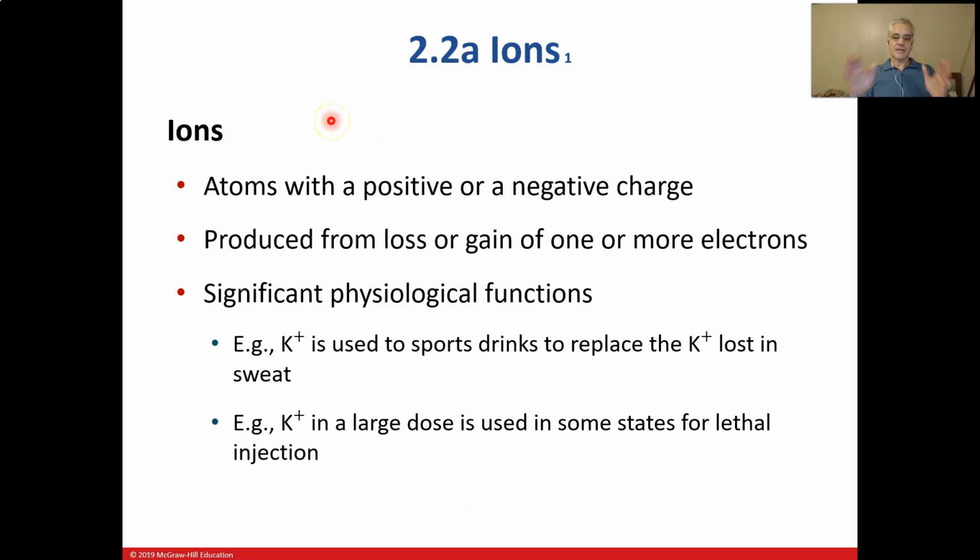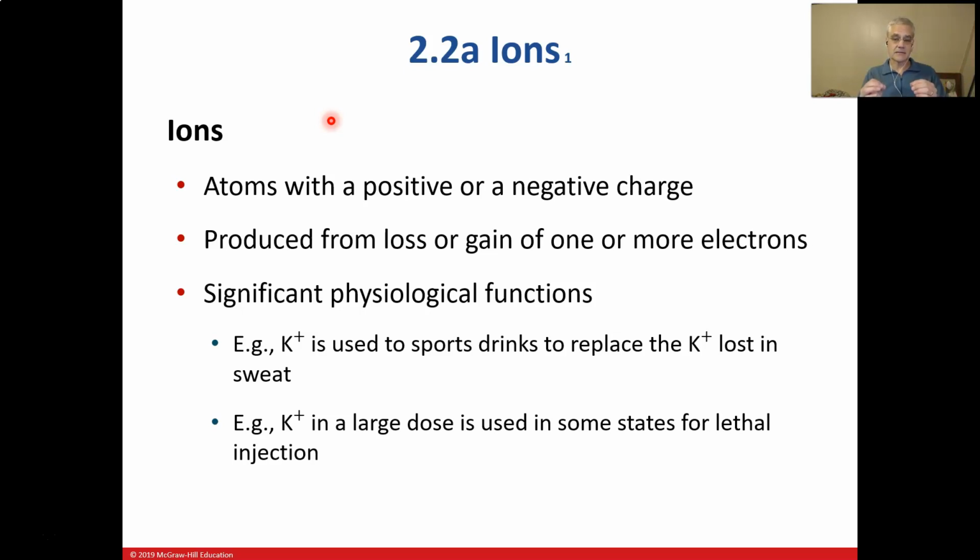All right, now, I've told you already, an atom, by definition, has a certain number of protons. They have a positive charge. Around them are electrons, negative charge, and they must be equal. But a lot of times in physiology, we're dealing with ions, not necessarily atoms. Why? We're going to talk about that in a minute. What does it mean to be an ion?